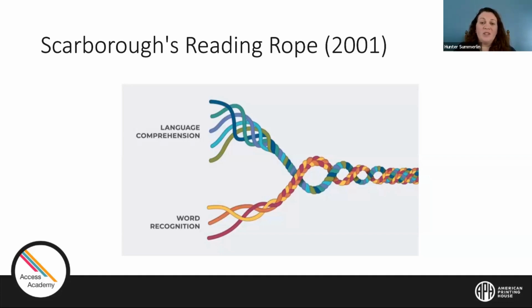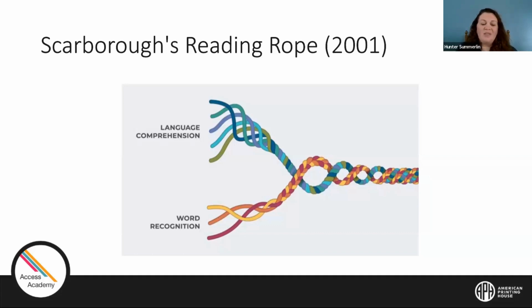You are twisting the individual strands together to join with the strands that come together from word recognition. And word recognition includes phonological awareness, which encompasses things like syllables and phonemes, which are individual units of speech sound. Then you have decoding, which is part of word recognition, and that is understanding alphabetic principle as well as sound-letter correspondence.